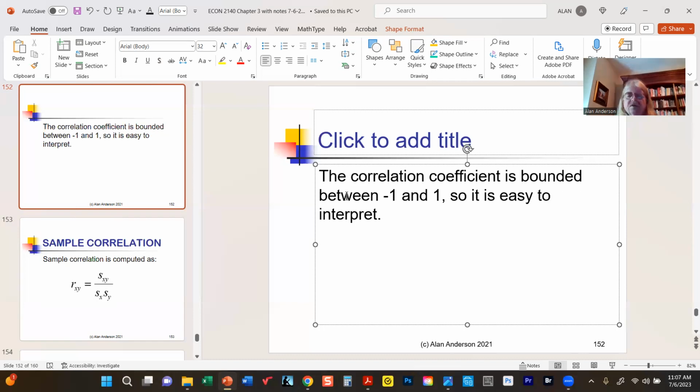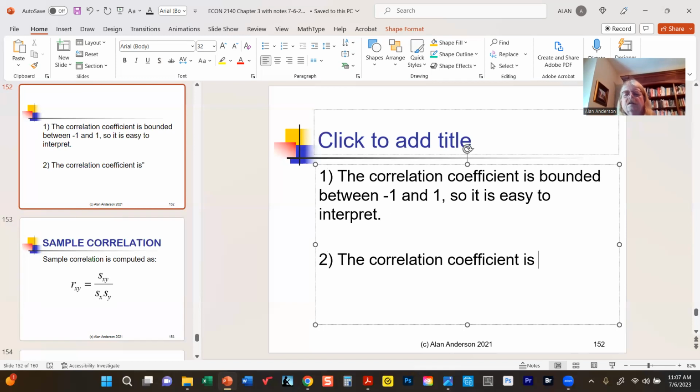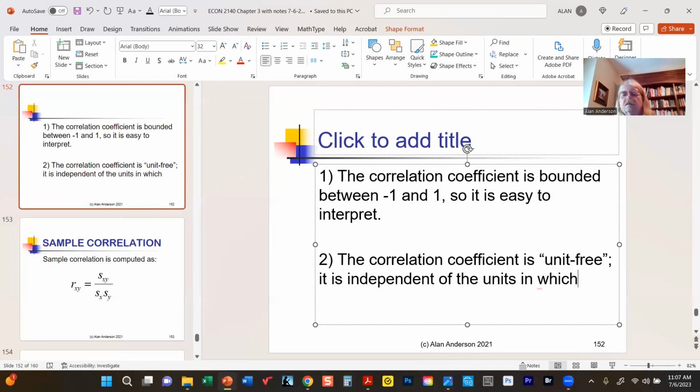And number two, the correlation coefficient is, I'll put in quotes, "unit free." It is independent of the units in which the data is measured.